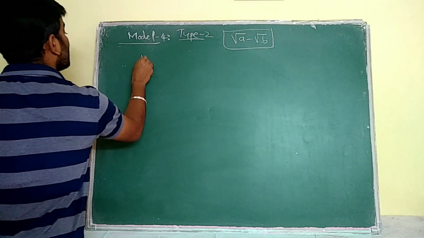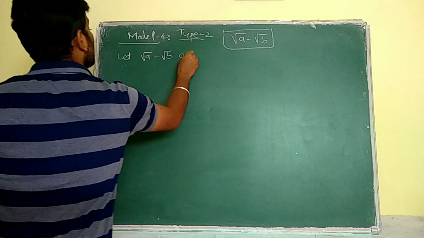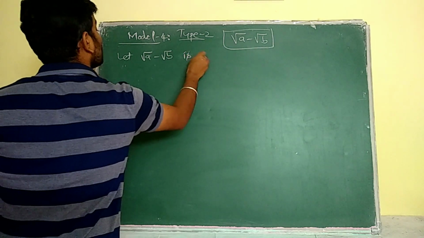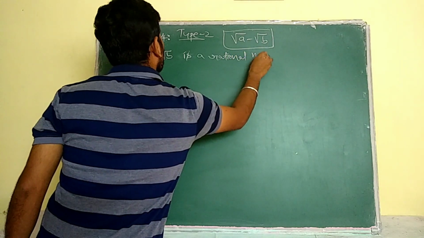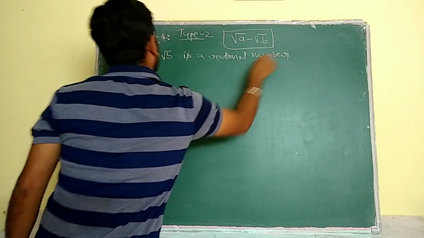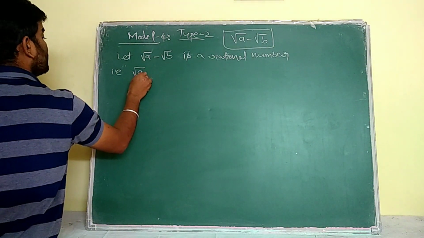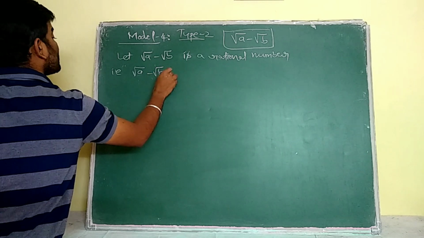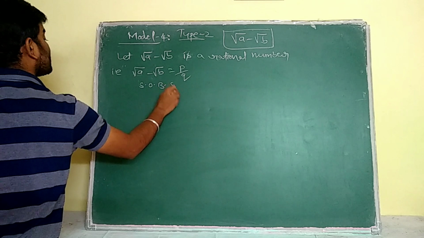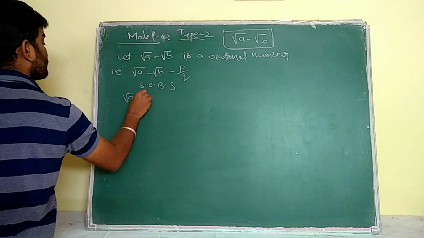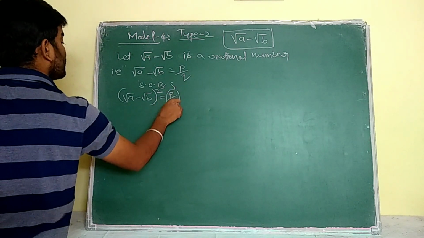Firstly, we assume that root a minus root b is a rational number, that is root a minus root b is equal to p by q. Squaring on both sides, root a minus root b whole square is equal to p by q whole square.